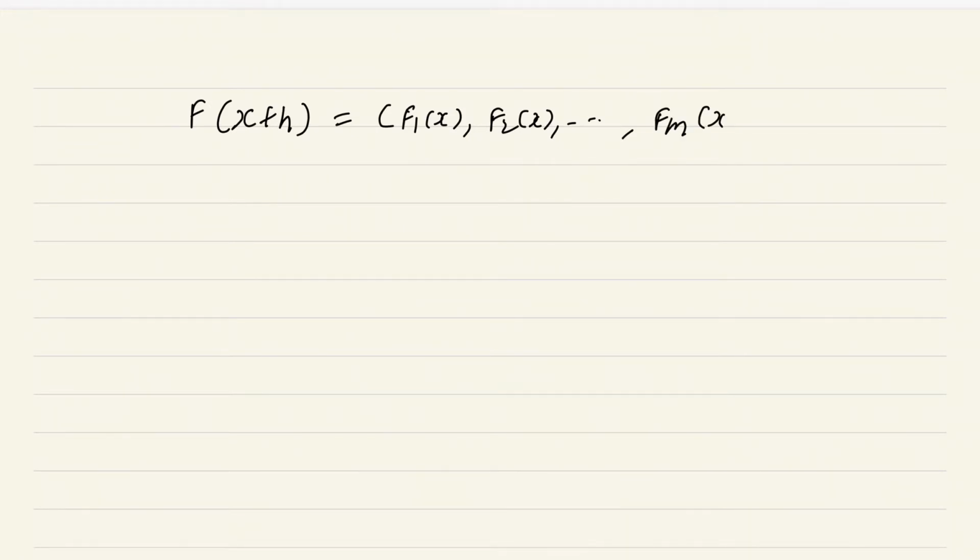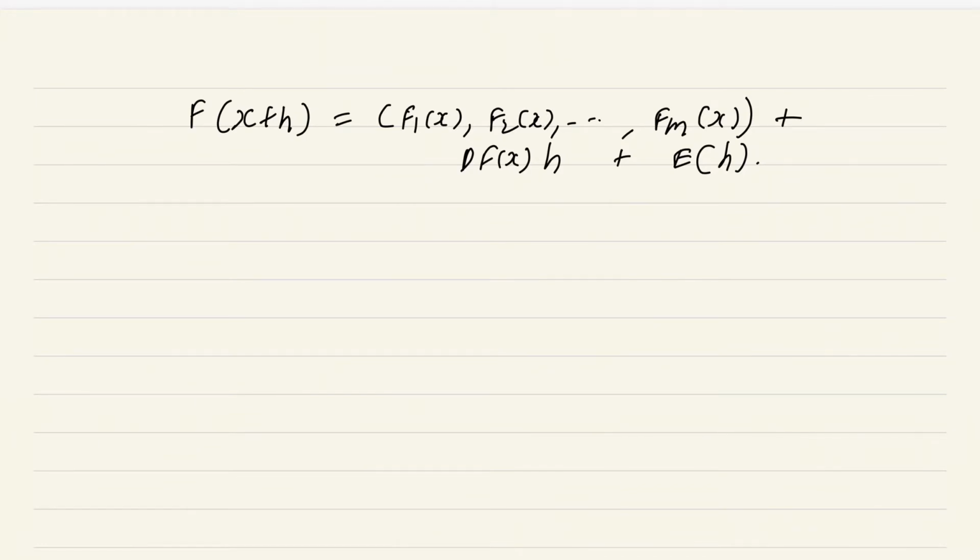All the hard work has actually been done when we proved the corresponding result for the gradient, that the gradient is actually the matrix representation of the derivative map of a scalar valued function of a vector variable. So let's write f of x plus h is equal to (f1(x), f2(x), ..., fm(x)) plus dfx h plus the sublinear error term. This is just the definition of f being differentiable at the point x.